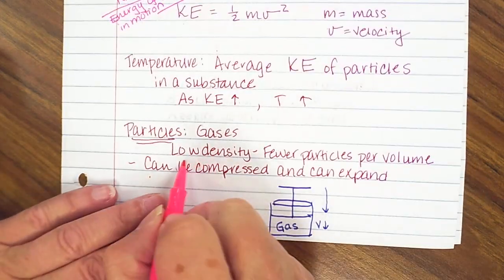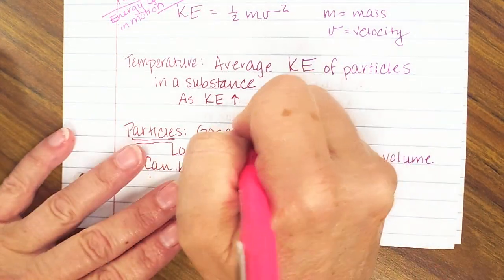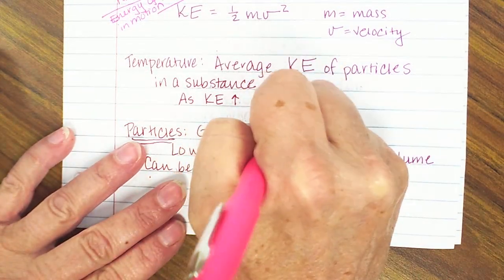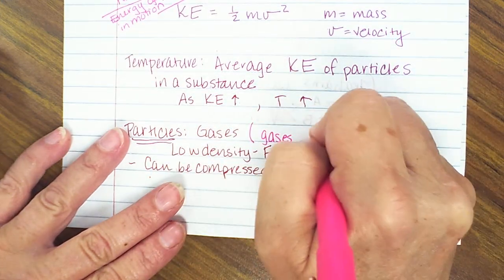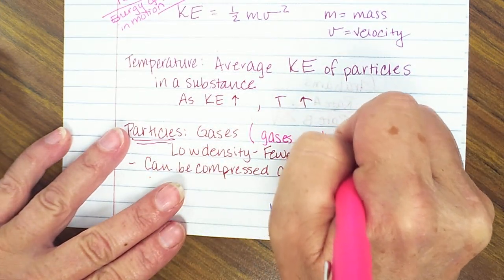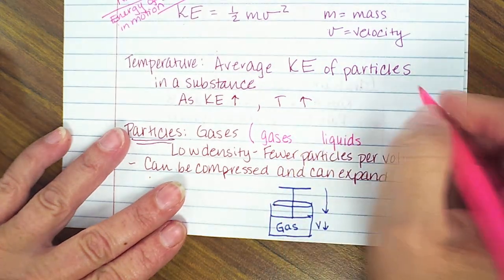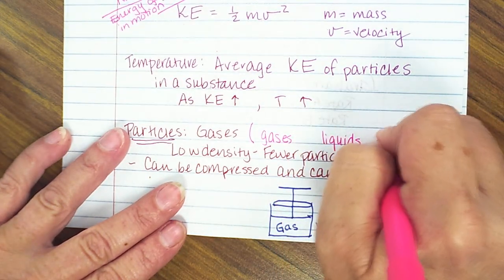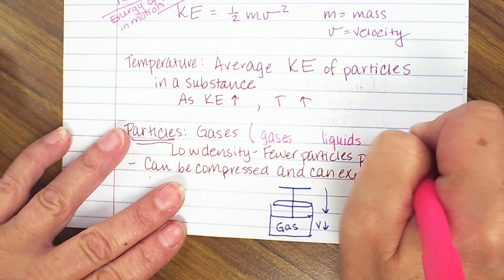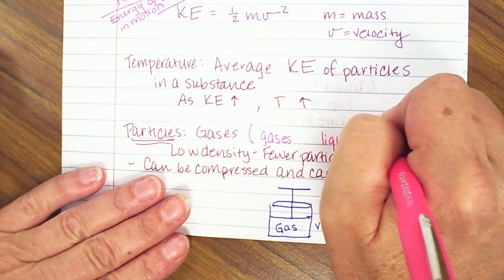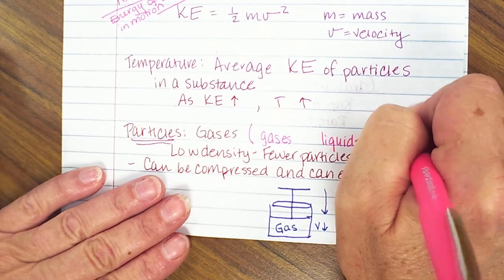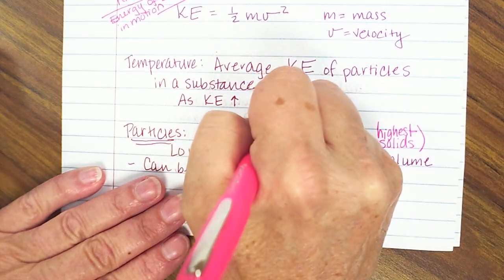When we're talking about density, we're actually comparing gases. When we're talking about it having a low density, we're comparing gases and liquids, and we're comparing solids. And so when we do this, we know that solids have the highest density and gases have the lowest.